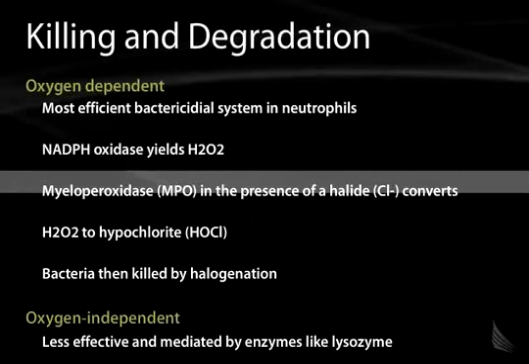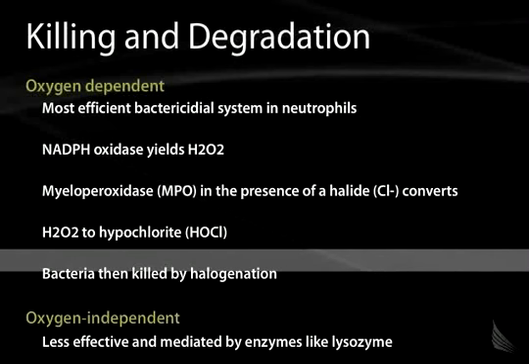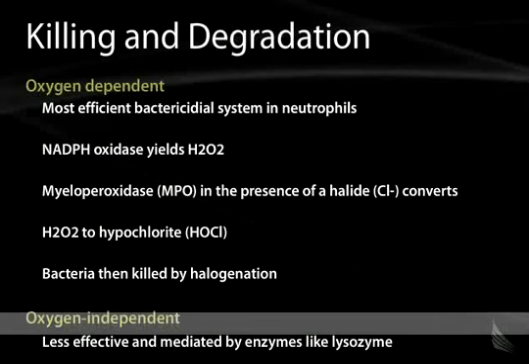And then myeloperoxidase, which again is a lysosomal protein, is an enzyme which combines the hydrogen peroxide with a halide or chloride and converts it to hypochlorite, which is a potent reactive free radical species which can kill the bacteria. That's the oxygen-dependent method. The oxygen-independent method uses regular enzymes, things like lysozyme, proteases, and nucleases to break down debris in cells.